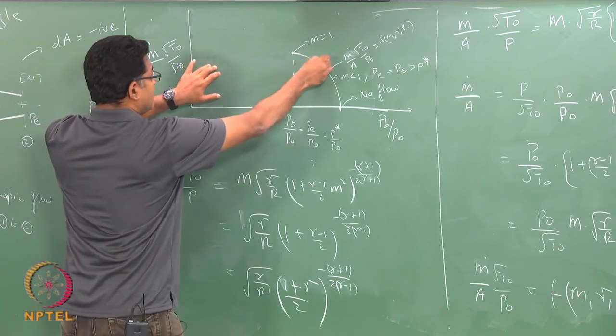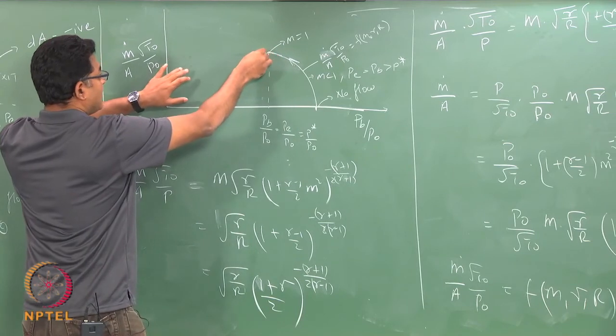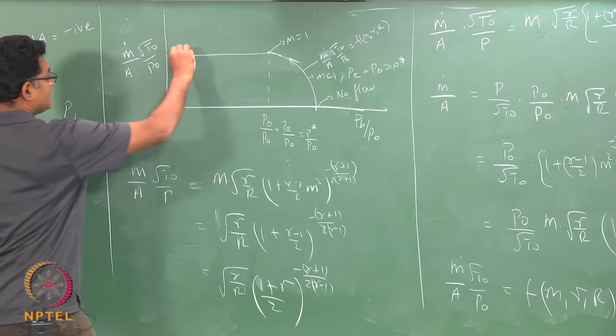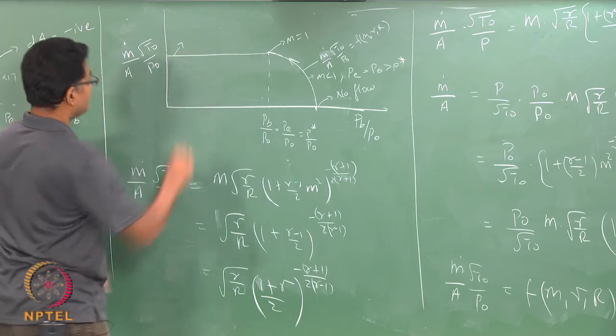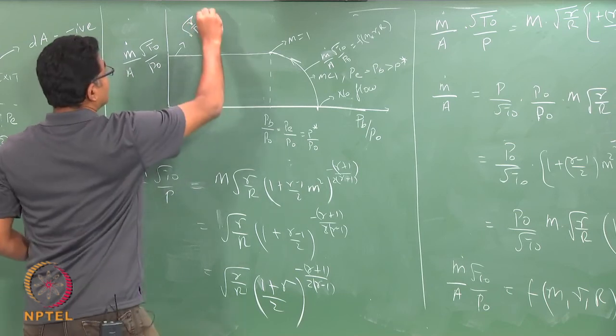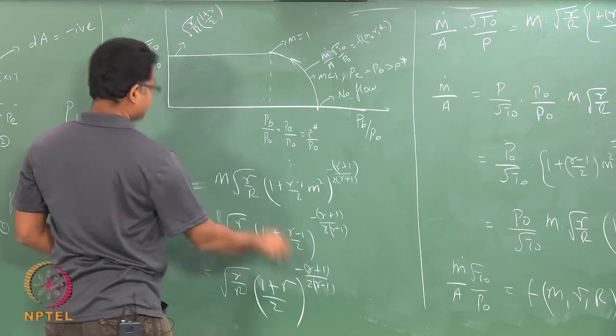So, I am doing this process, I am decreasing my PB. After that my m dot is constant, and this value is root gamma by R into 1 plus gamma minus 1 by 2 to the power whatever is written here.